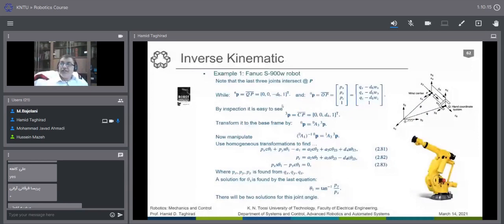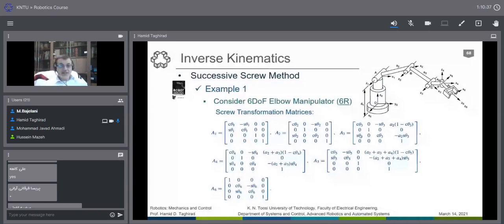The only difference is that instead of using the Denavit-Hartenberg transformation, we are using the screw axis transformation, and also the rotation matrix part of them for finding the orientations.